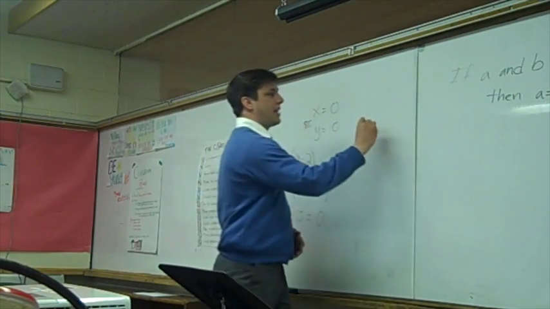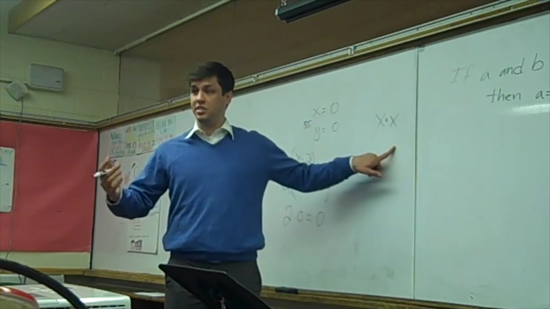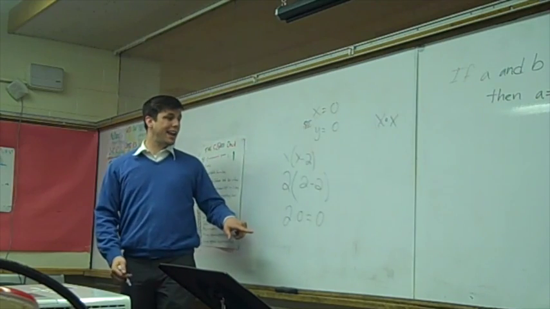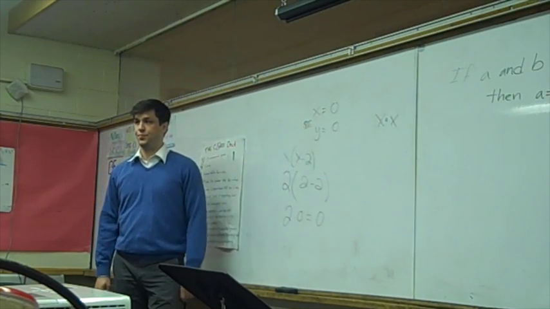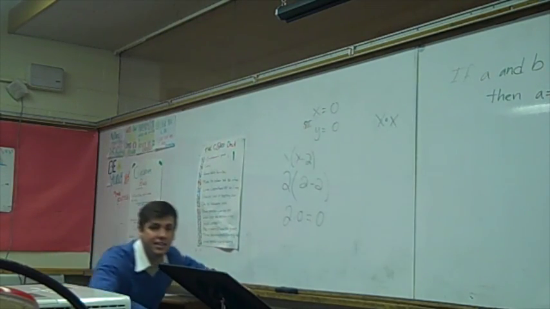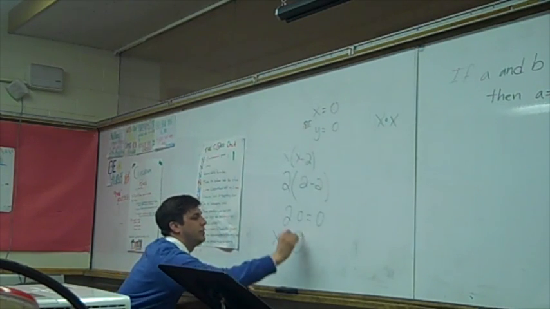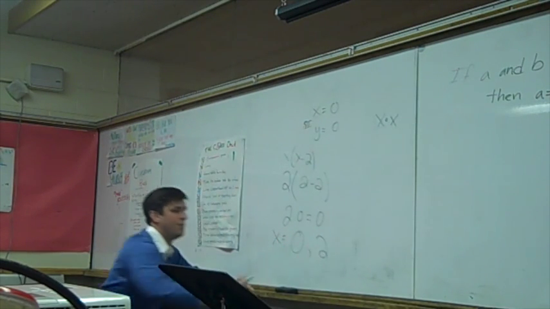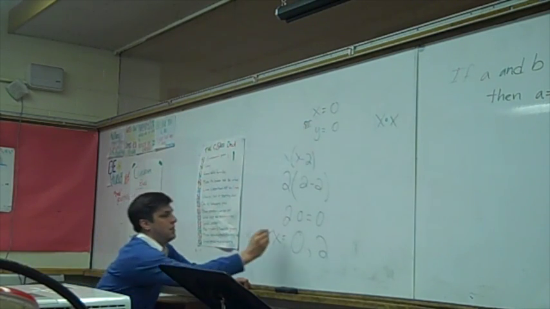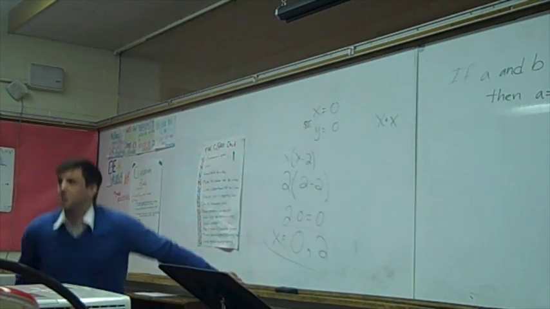If you just have x times x, your two options for x are 0 and 0. But over here, your two options for x are 0 and 2. So your final answer in the example would be x equals 0, comma, 2. That's how you say 0 or 2.